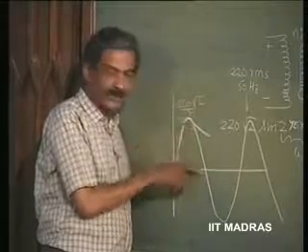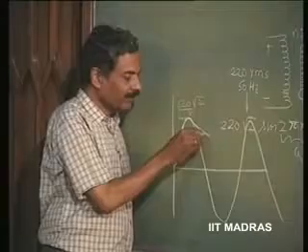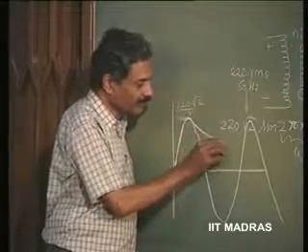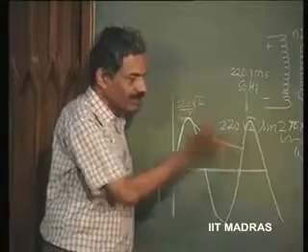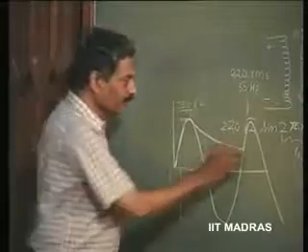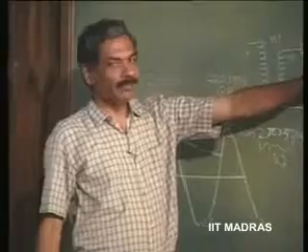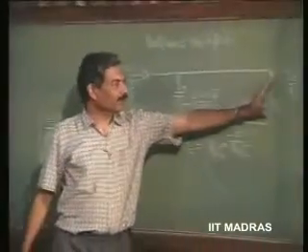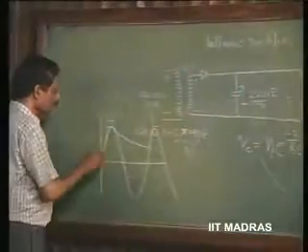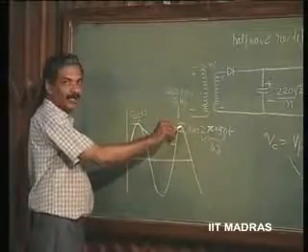If this rate is faster than this discharge rate, this discharge will go on like this very slowly until this point is reached. So, the actual waveform of this arrangement, where the resistance is loading the capacitor, is not going to be remaining at the peak at all times.